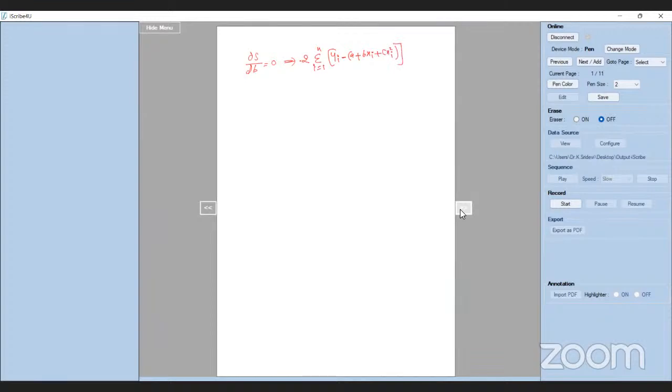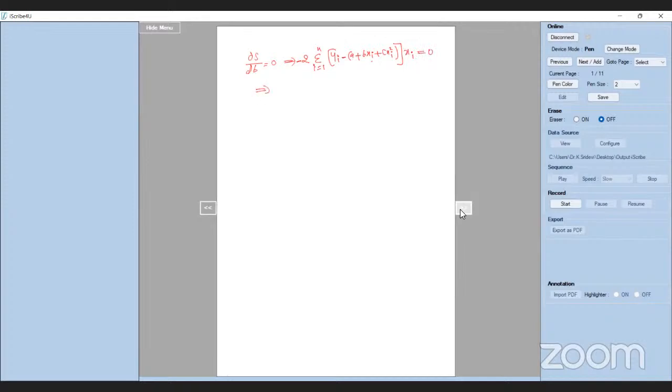And again, minus of bxi is differentiated partially with respect to b, so we have minus of xi. Minus will come like this, xi will come like this, is equal to 0.